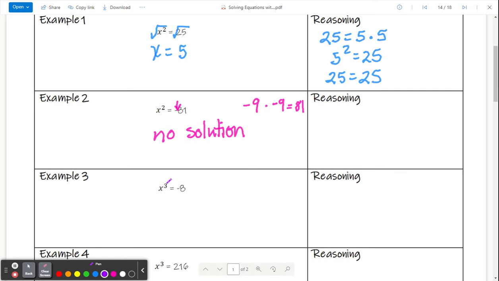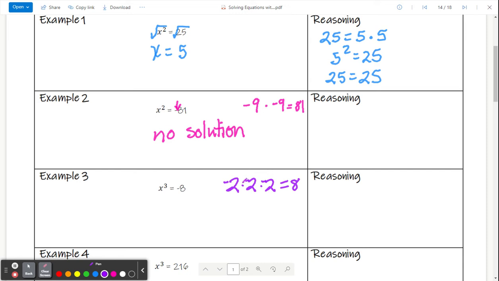If I look at 3, this time x is cubed. I know that 2 times 2 times 2, or 2 cubed, is 8. So can I get a negative? If all of these are negative 2, do I get a positive 8 or a negative 8? Well, negative 2 times negative 2 would be a positive 4.